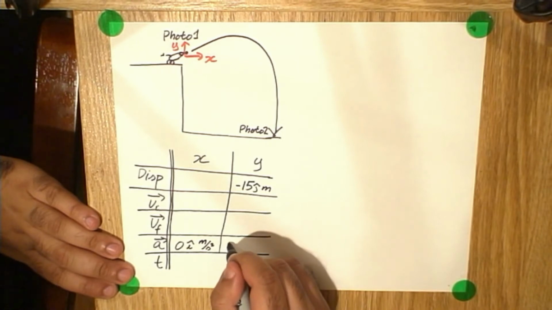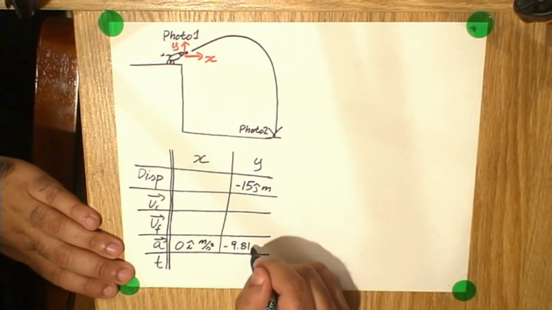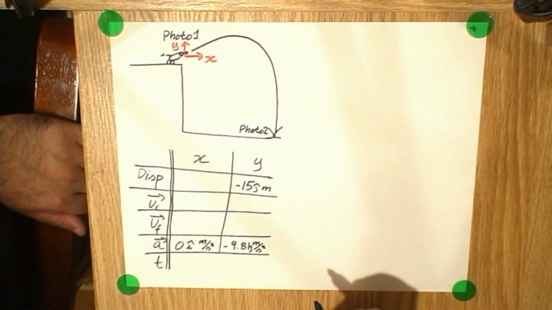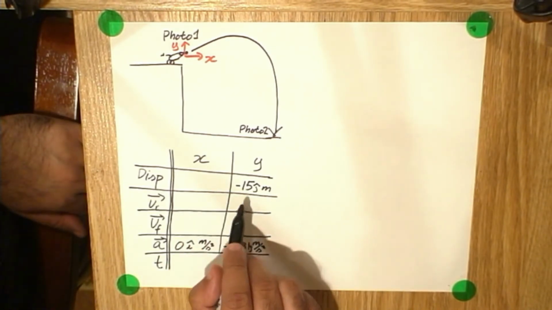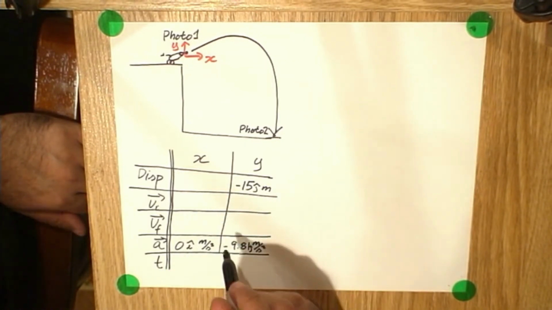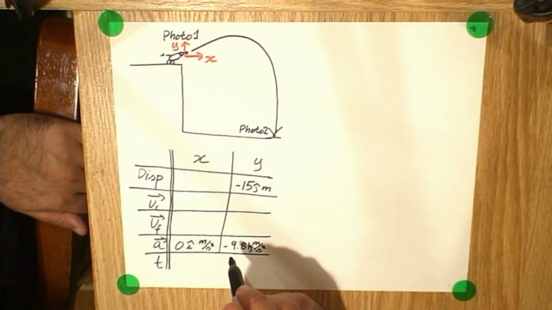And the acceleration in y is this time negative 9.81 j hat meters per second squared. So far, so good. But what about the initial velocities? We don't have enough information without those initial velocities to solve.